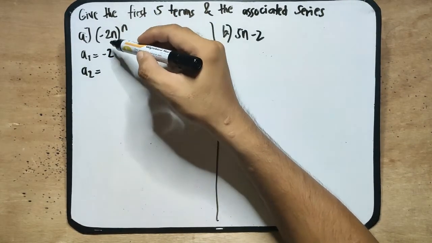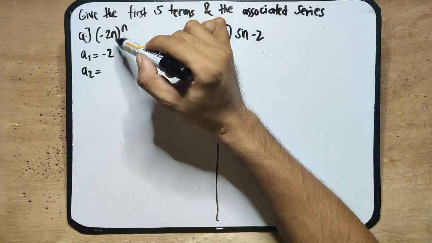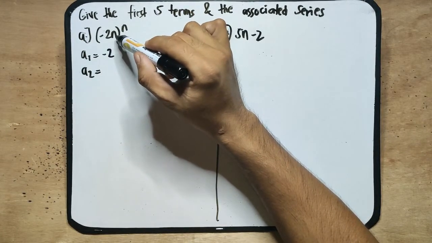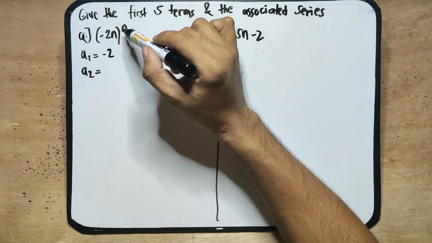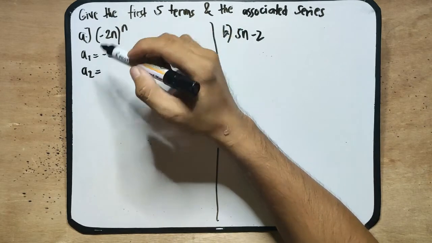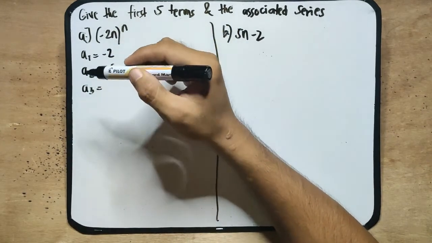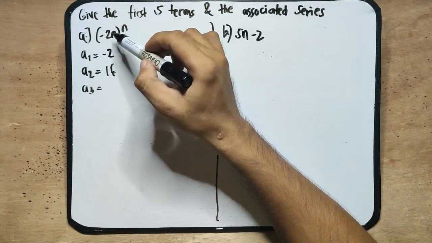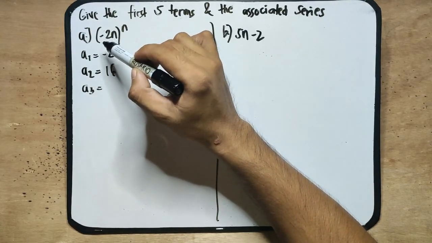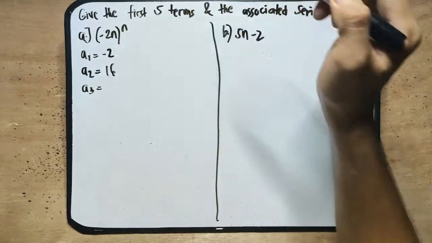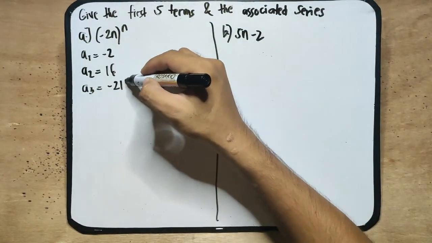If n is 2, then negative 2 times 2 is negative 4, negative 4 raised to 2, that will be positive 16. If a sub 3, if n is 3 for the third term, we have 3 times negative 2 is negative 6. Negative 6 raised to 3 is negative 216.